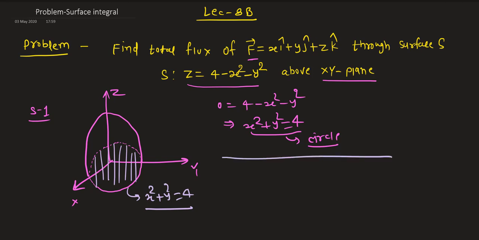Now I gave you the expression for the surface integral in the last lecture. It is given by the integral over the surface S of F dot n cap multiplied with dS.